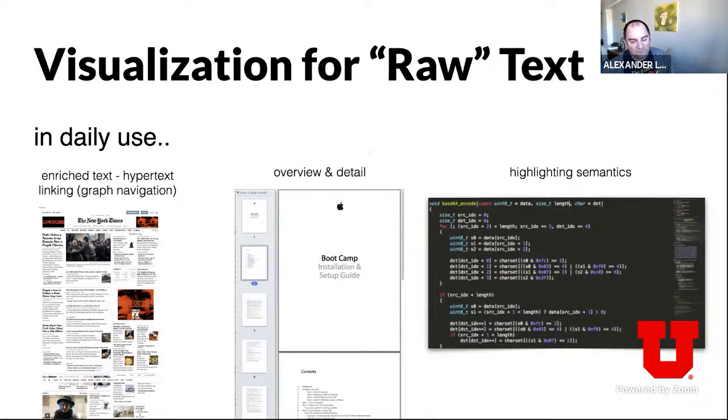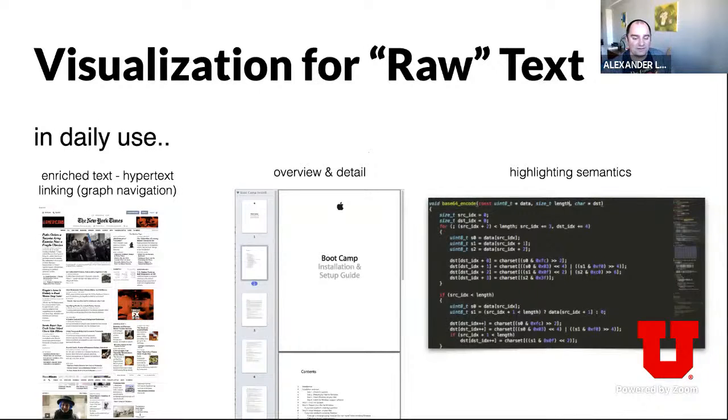There is, of course, visualization for raw text, and these are some examples that you might be using in your daily lives. You can think of a big page, like the front page of the New York Times, as giving you a text visualization. They use smart headings, placements, and font sizes to give you an overview of what is happening in the text below.